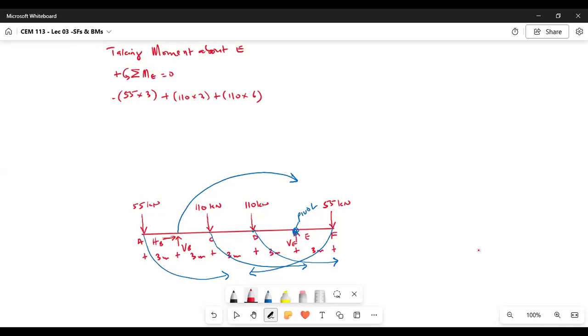Okay. Then we have minus VE times a distance of 9. Then we have plus HE times 0. Okay.